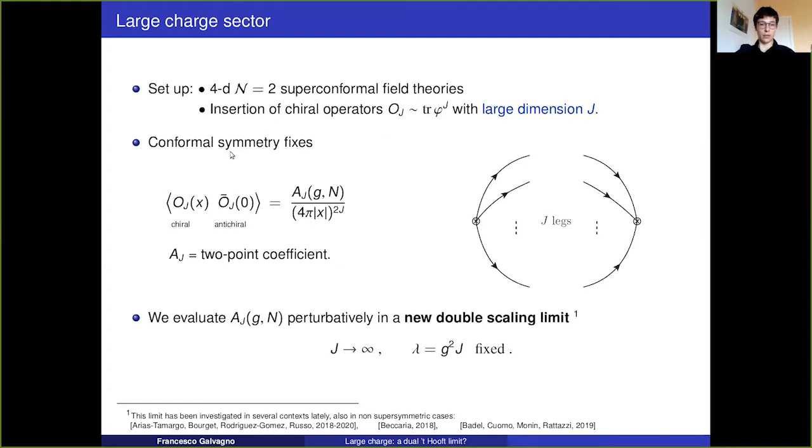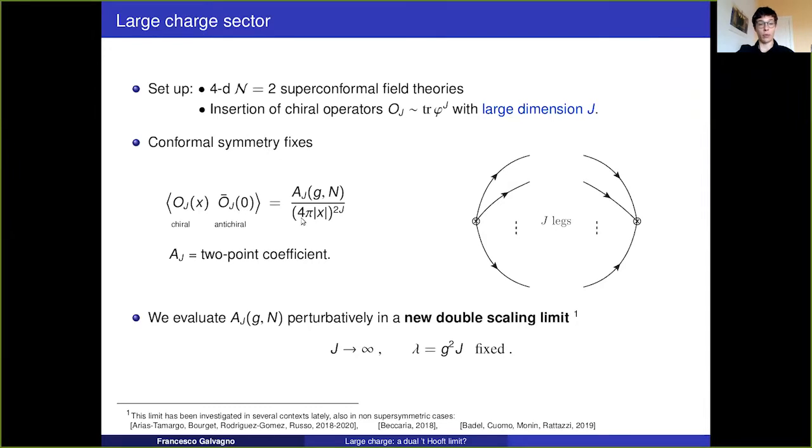We evaluate the two-point function between a chiral and an anti-chiral operator, like we see here, and conformal symmetry fixes the two-point function to be of this shape. In particular, the kinematic factor is completely fixed.